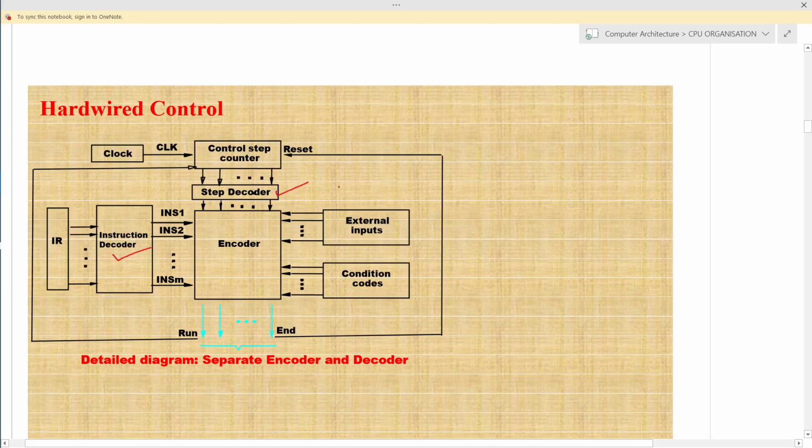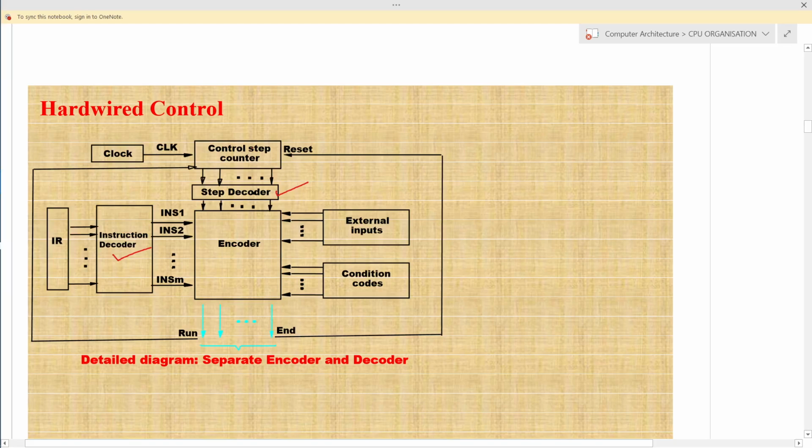If the maximum number of control steps required for any instruction is n, then the number of bits required for the control step counter will be log n to the base 2. For example, if we need 8 control steps, then the control step counter will be 3 bits. If we need 16 control steps to execute one particular instruction, then the control step counter will be 4 bits.